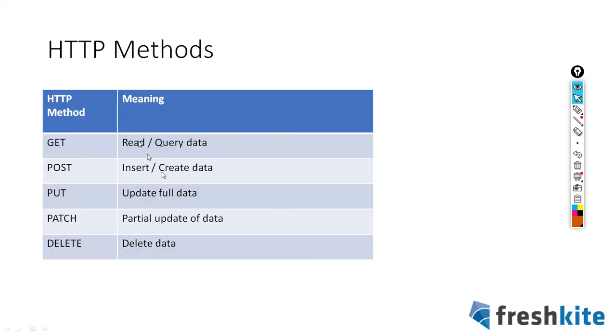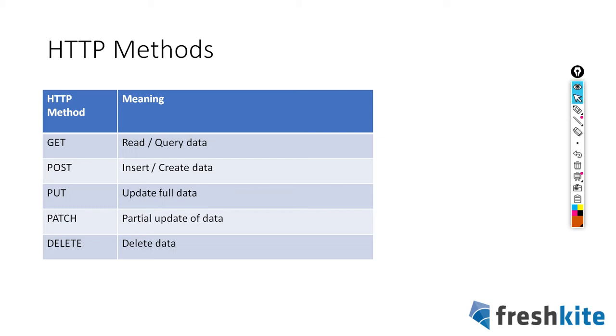And what are the different HTTP methods? We have seen only the GET method, to get the data. We also have the POST method. So the HTTP request can also be a POST method. Suppose you want to store something in the database on the server.